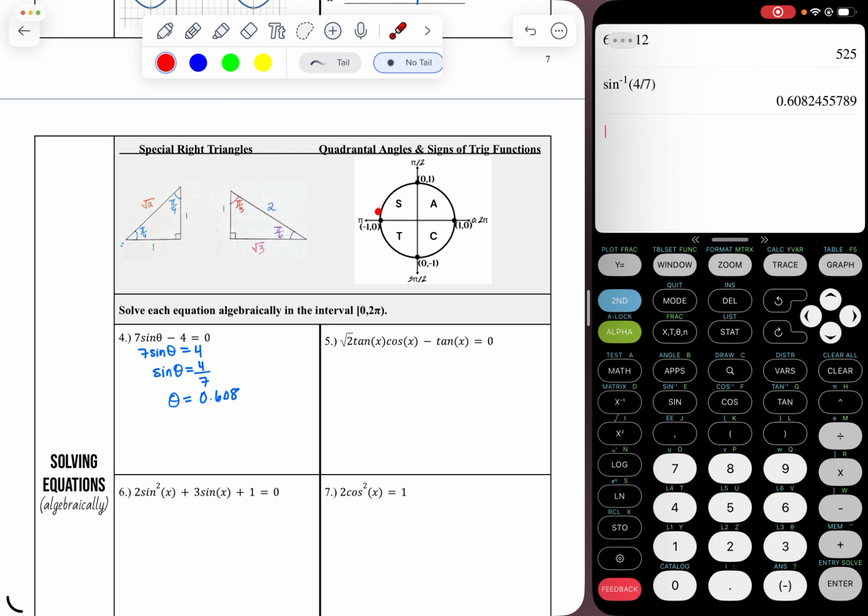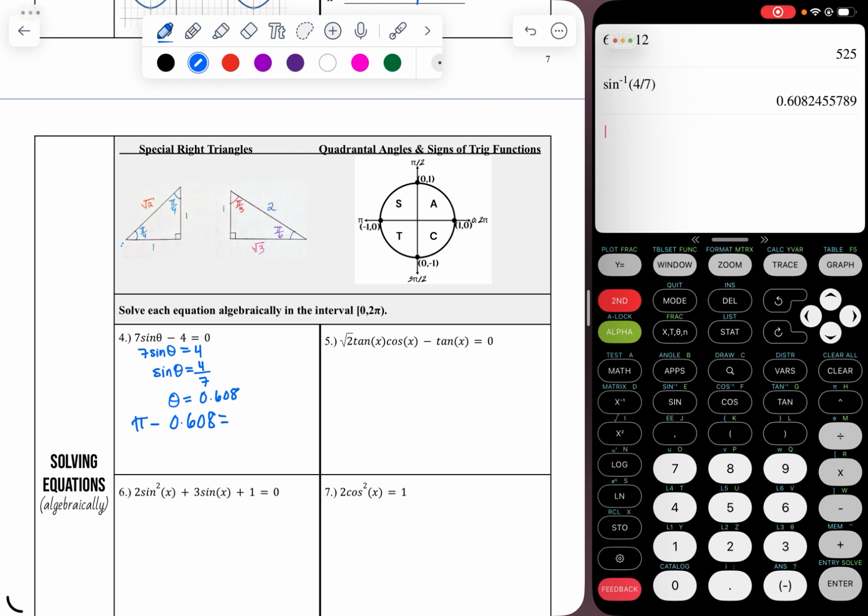So to find a reference angle in quadrant 2, remember it's always pi minus theta prime. So I've got to do pi minus the 0.608 to find my other value where we'd have that positive output for sine.